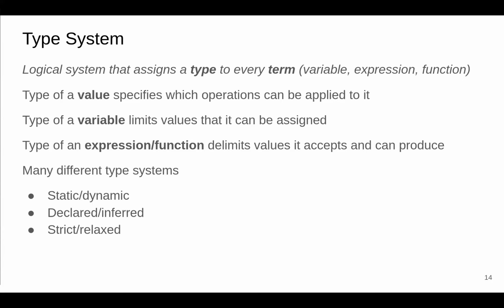This would be Python. Static, declared, relaxed, this would be C, right? So you can pick and choose from all of these dimensions. And let's now quickly discuss what these 3 different dimensions are, after we come up with a bunch of terms.